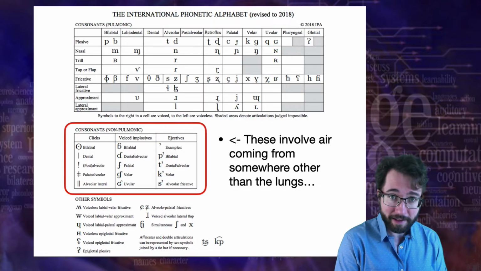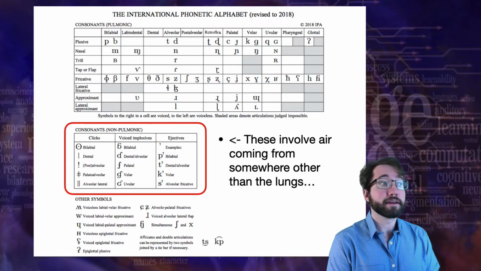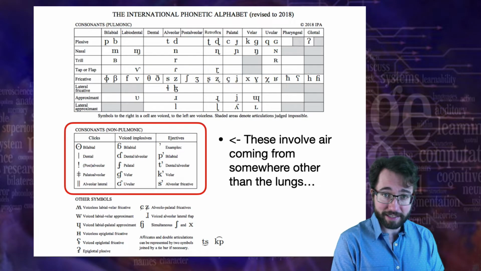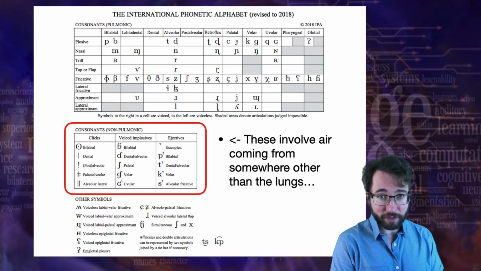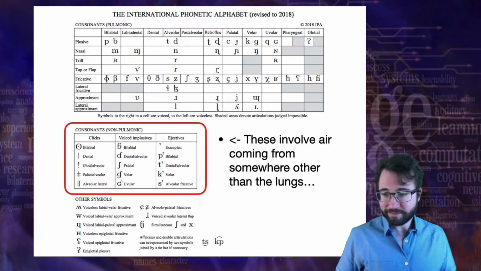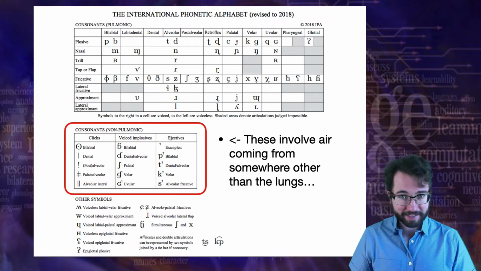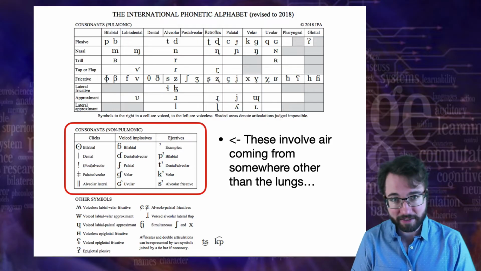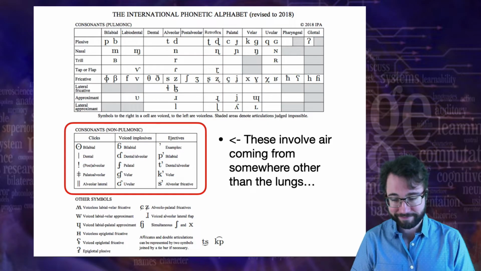For example, in the language which is spelled X-H-O-S-A, the name of the language is pronounced Xhosa with a palatoalveolar click. And so these are the click sounds. And the languages that have these click sounds are primarily concentrated in Southern Africa.